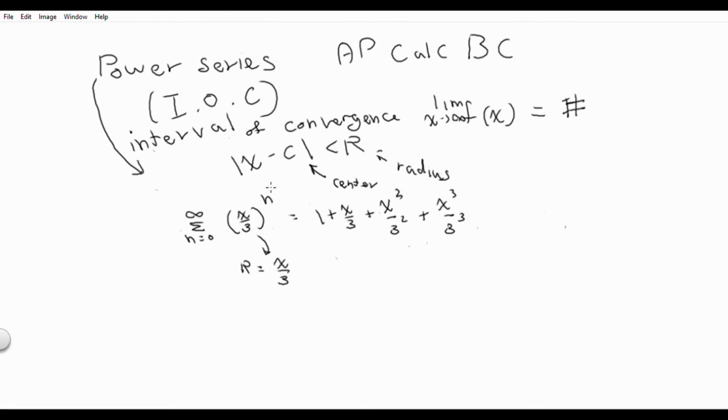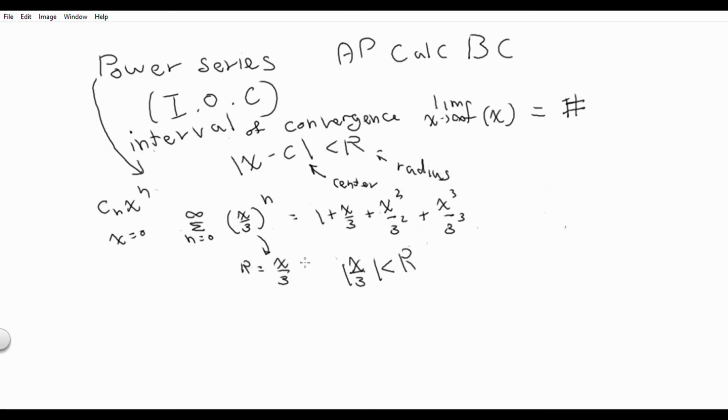And now using this, remember the first form I taught you, the sum of c of n times x to the n, which is centered at x equals 0? Well, this is the same thing as this one. So we're going to assume that the center is also 0. So it will be x over 3 over r.